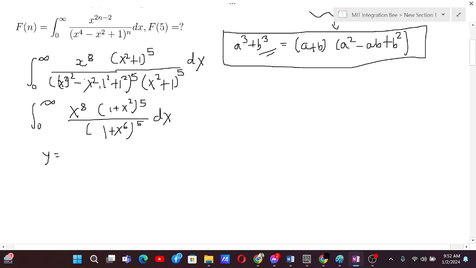Let us say y equals x to the power 6, so y to the power 1 by 6 will be x, and then 1 by 6 y to the power minus 5 by 6 dy will be dx.